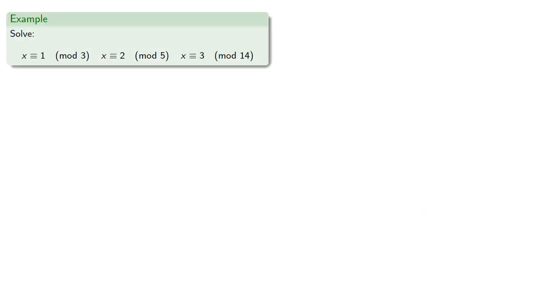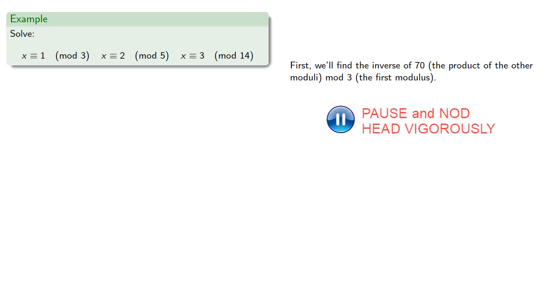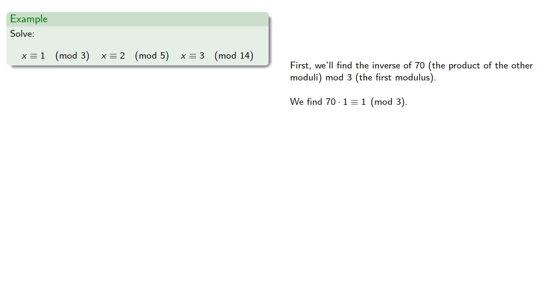So let's take a system of congruences. First, we'll find the inverse of 70, the product of the other moduli, mod 3, the first modulus. And we find that the inverse is 1, so our product of the other moduli, 70, times the inverse, 1, times a congruence, 1, 70, is part of the solution.